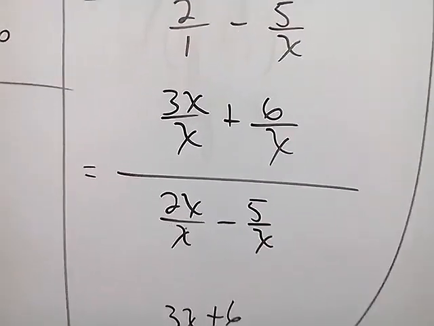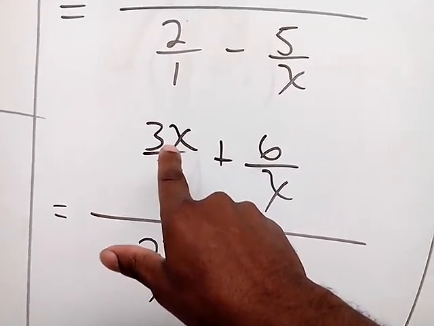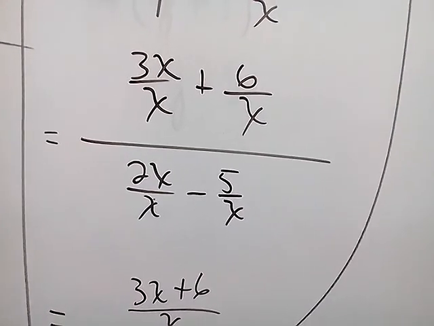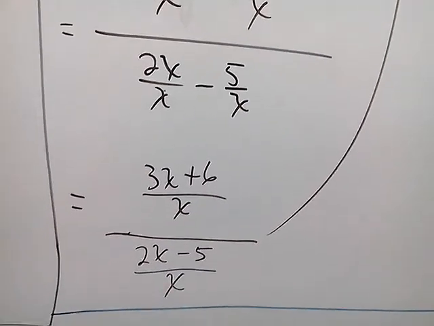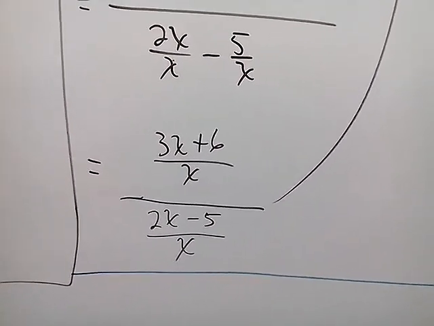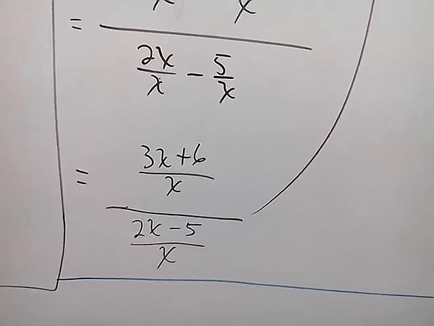We multiply the first term by x and the denominator first term by x. And this is what it looks like after we simplify the numerator and the denominator.